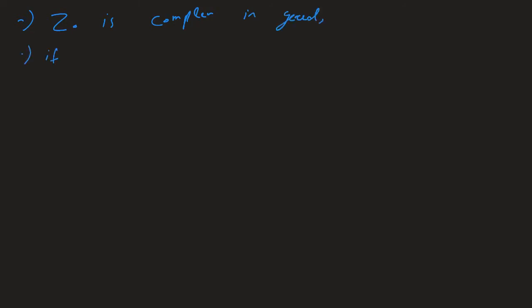And if R is equal to G is equal to 0, which means you have a lossless transmission line, then Z naught becomes equal to the square root of L over C, which is what we had before.